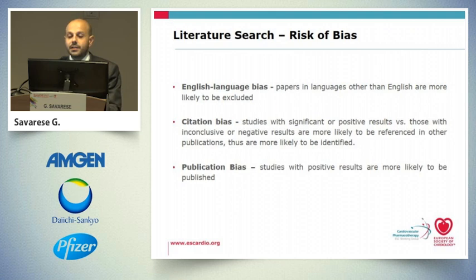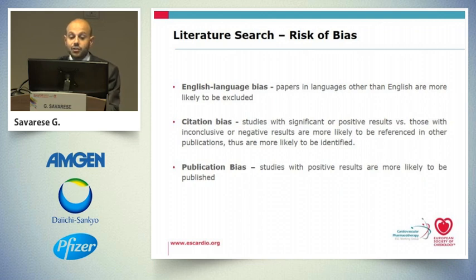There could be several biases in performing the literature search for a systematic review or meta-analysis. The English language bias is one of the most recurrent. If a paper is published in English, it's more likely to be included, because people cannot really speak all the languages. So if a paper is reported in a journal in a local language, and I don't know that language, I could not include that kind of paper just because I don't know the language.